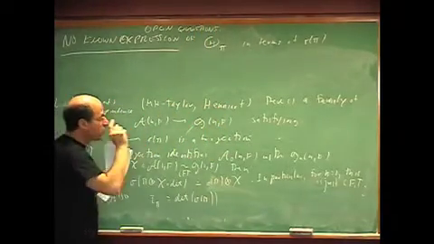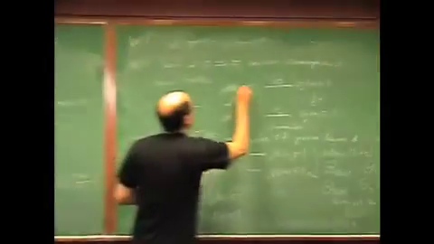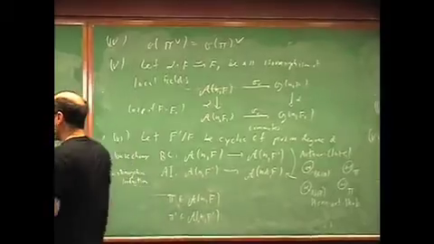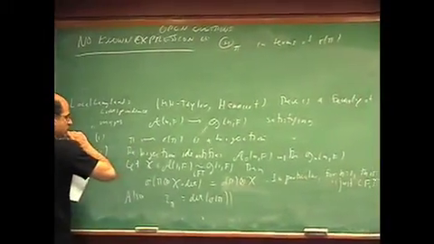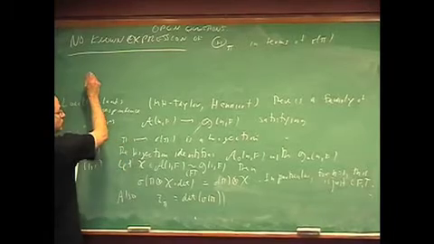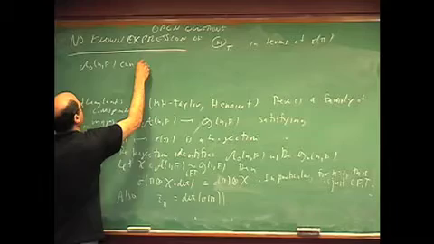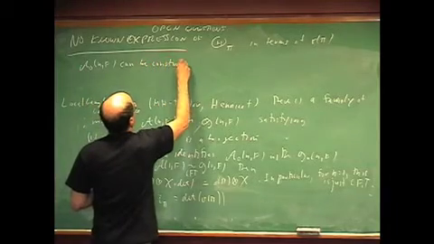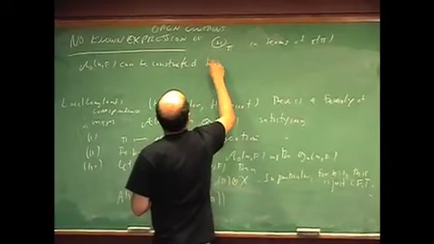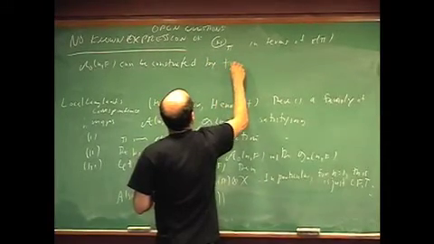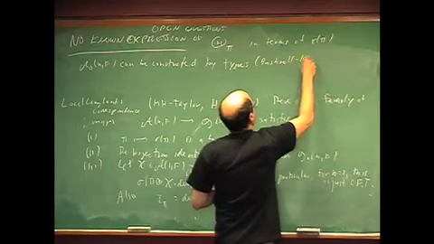And then the other one is that there's another way to construct the objects here, that is by types. In fact, all of A_n(F) is constructed by types as above.